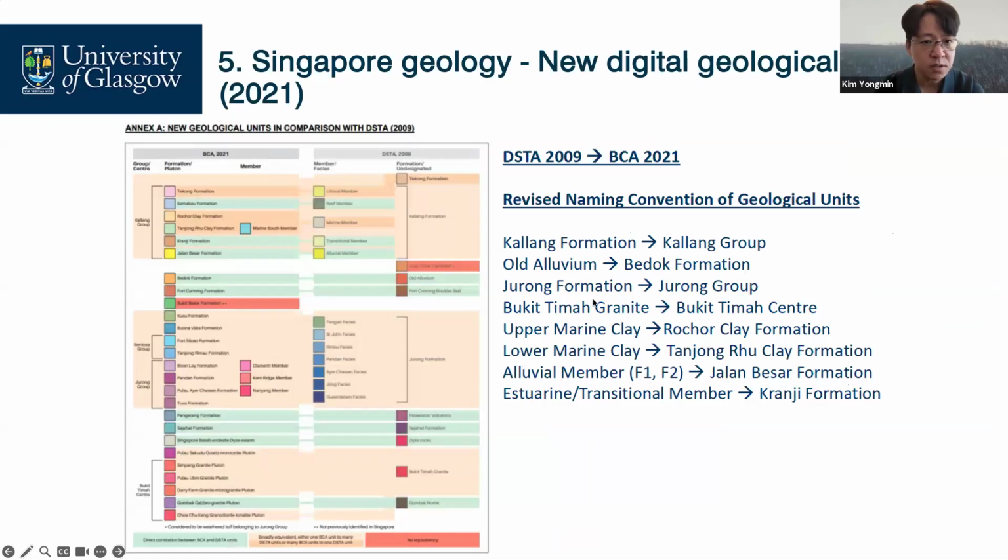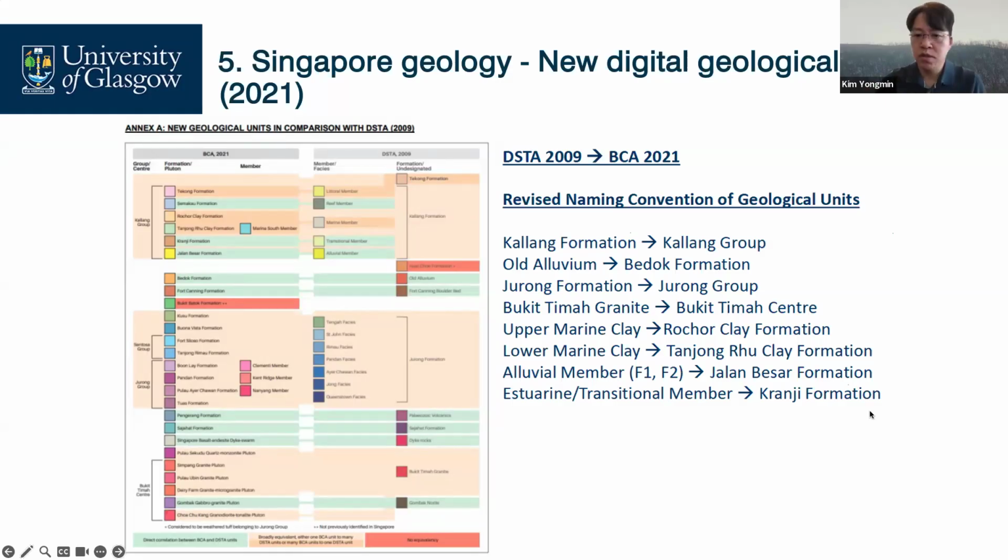Jurong Formation has its name changed to Jurong Group. Bukit Timah Granite is now Bukit Timah Suite. Upper Marine Clay and Lower Marine Clay changed their names, and alluvial members changed to Jalan Bahar formations, and then we also have Kranji formations.